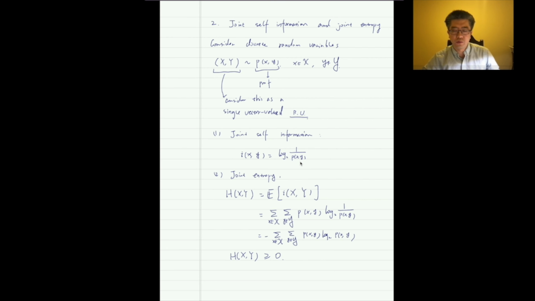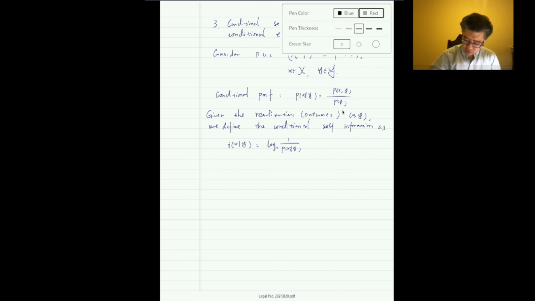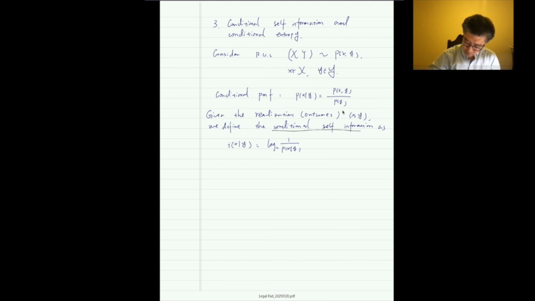But now it is conditioned on y. So it's called the conditional self-information, and this is given by this formula.